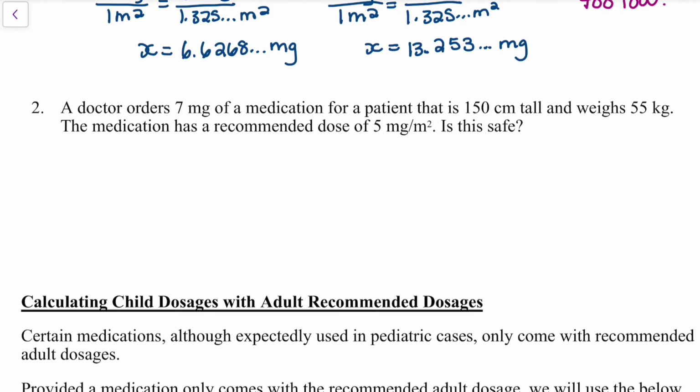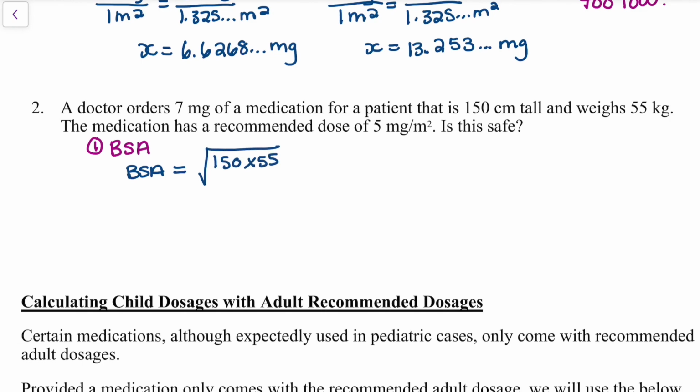And our last one here for this type, a doctor orders 7 milligrams of medication for a patient that is 150 centimeters tall and weighs 55 kilograms. The medication has a recommended dose of 5 milligrams per meter squared. Is this safe? So we're looking at the BSA. These ones are my metric ones.